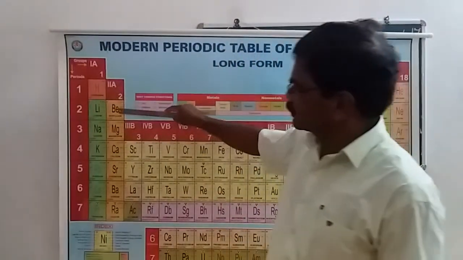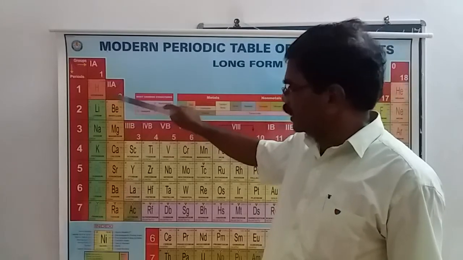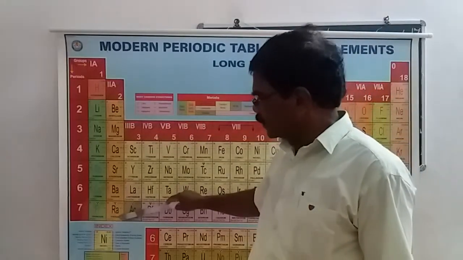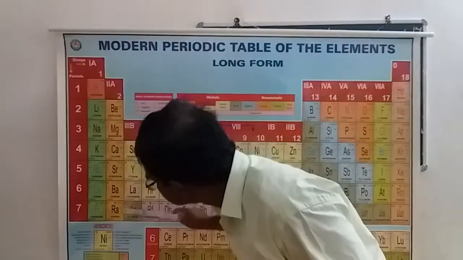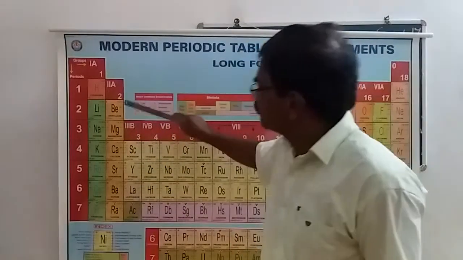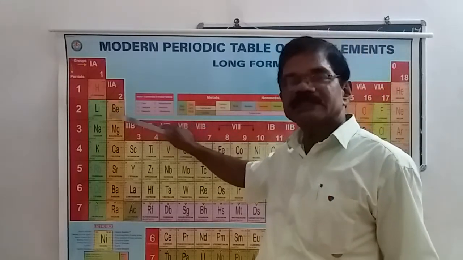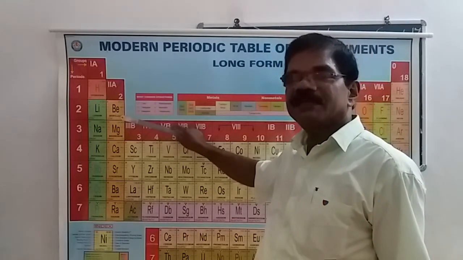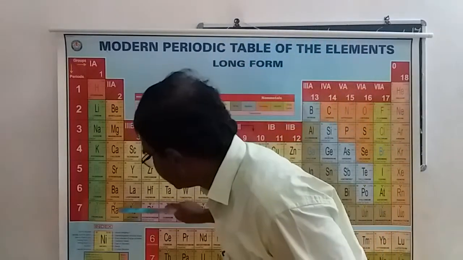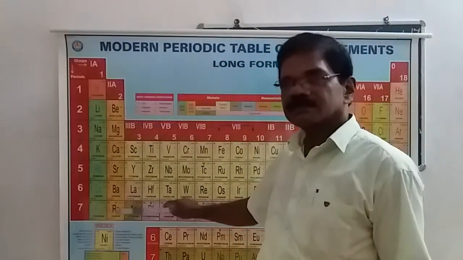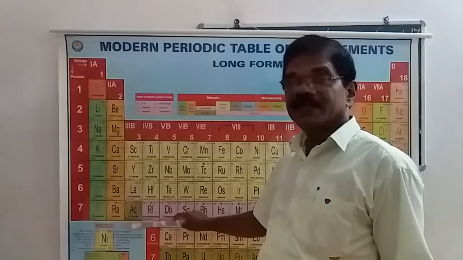So in the case of the second group, which is the more reactive metal, beryllium or radium? Beryllium has only 2 shells. The outermost electron is very much closer to the nucleus. At the same time, radium has 7 shells, so the outermost electron is far away from the nucleus.